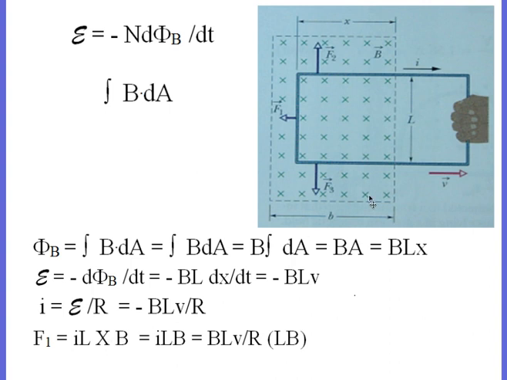This is the force here along side 1, and so you have the current flowing there, which we just got was equal to this quantity times LB, and that negative is only going to affect the direction that the current flows, so I've left it out. Current times L times B.